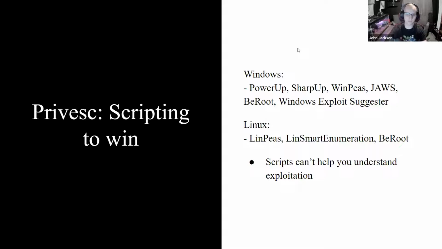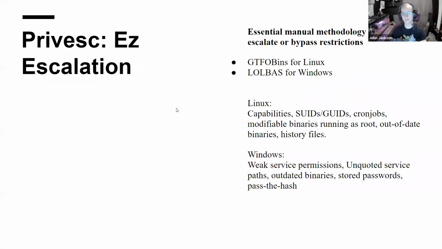For Linux, LinPEAS, LinEnum, Linux Smart Enumeration, pretty much all the same stuff. Manual methodology matters, but scripts can't help you understand how to exploit it at all. So you have to go through and do some courses and get some practice with it. So easy escalation, these are easy wins. GTFOBins for Linux and LOLBAS for Windows are amazing.